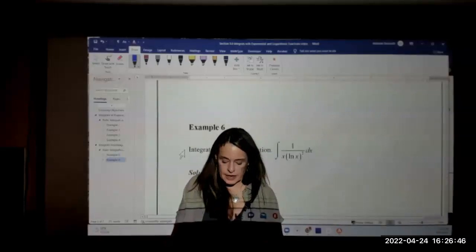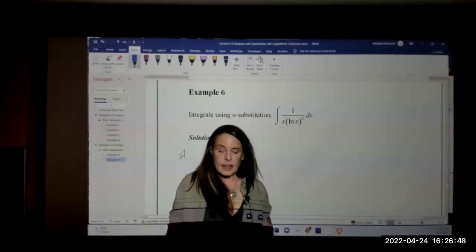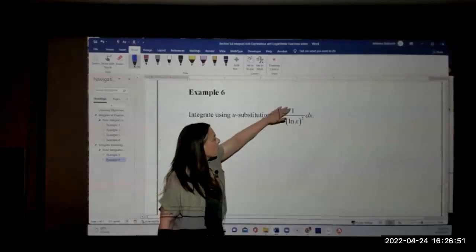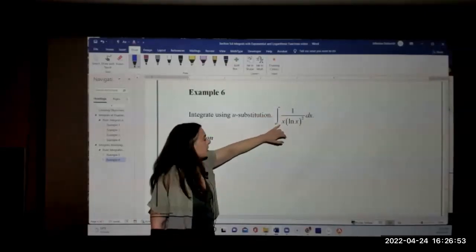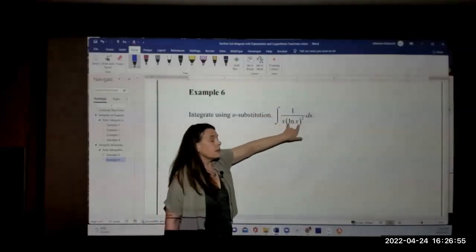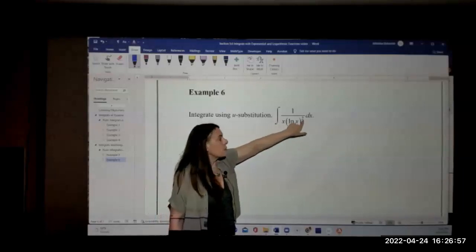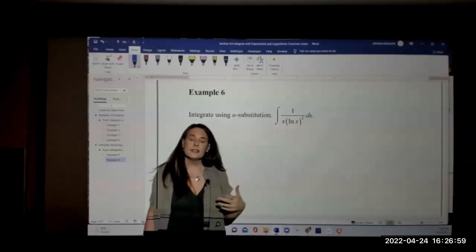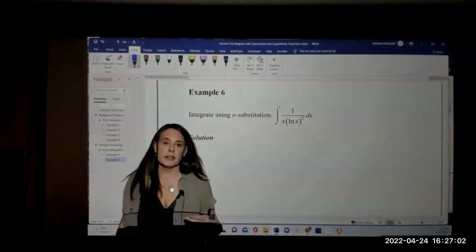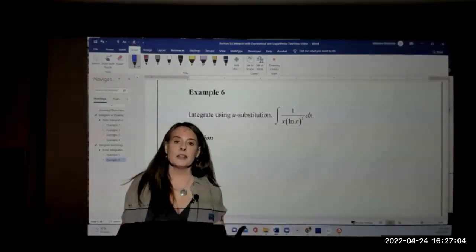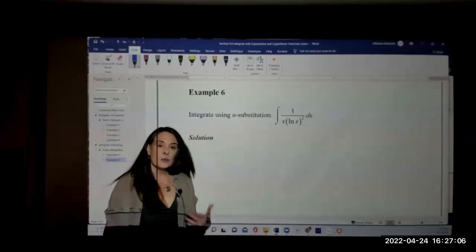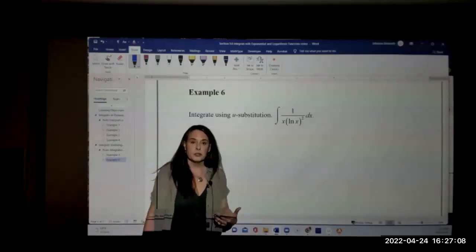Now let's take a look at example 6. In example 6, we have 1 divided by the quantity x times the quantity natural log of x being squared. So again, we see that this isn't one where we can directly apply the power rule. It's not a trig one. So again, we're probably going to do u substitution.